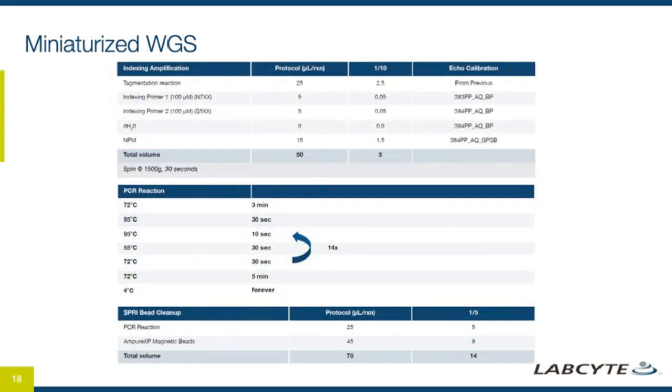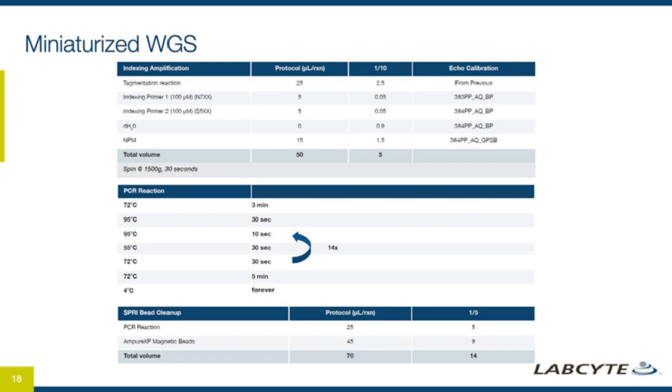Moving on, you'll see the conditions and details for the indexing amplification. Once again, you'll see that our indexing primers were reduced 100-fold in volume, and that is just due to the fact that we are able to use our indexing primers from IDT in the plate at 100 micromolar concentration.